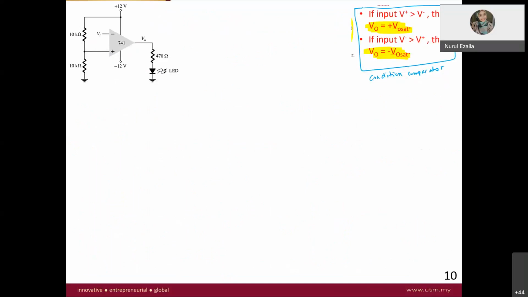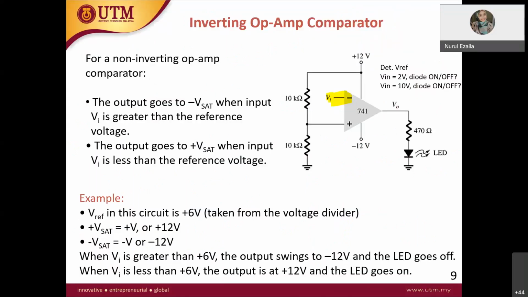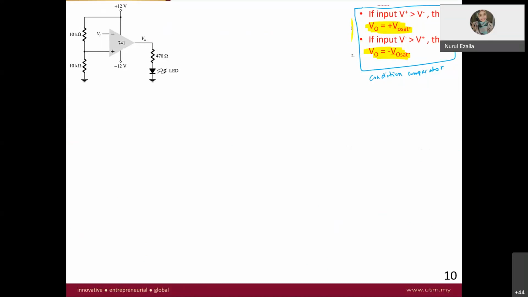First you need to find the V reference. In this case, you have V minus connected to the V input. Now your V plus is your V reference at this node.